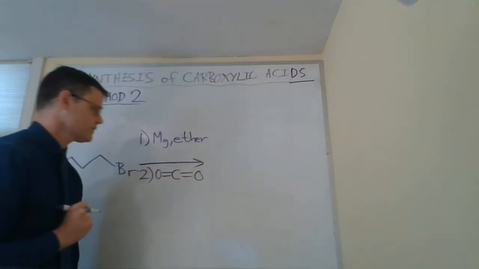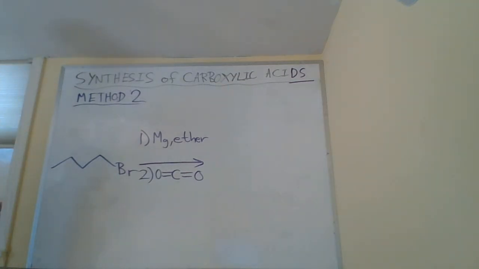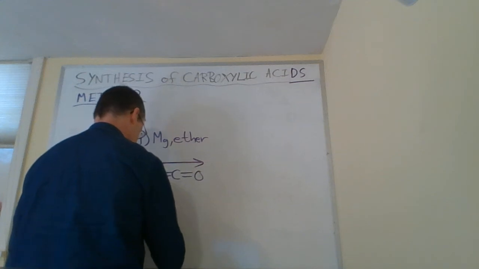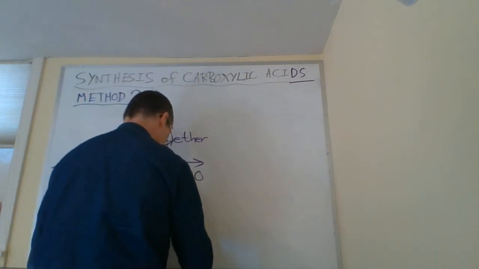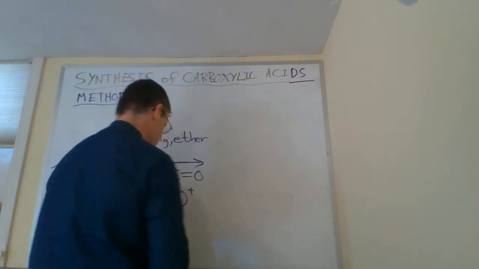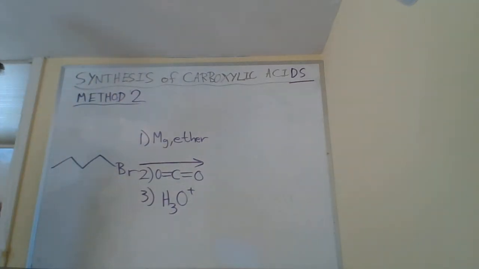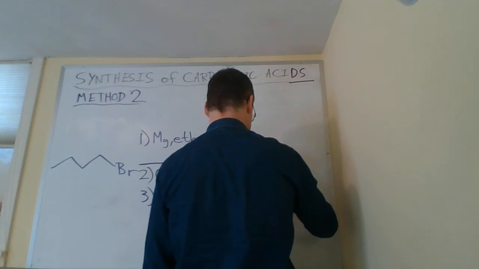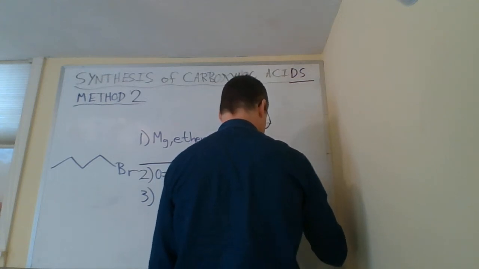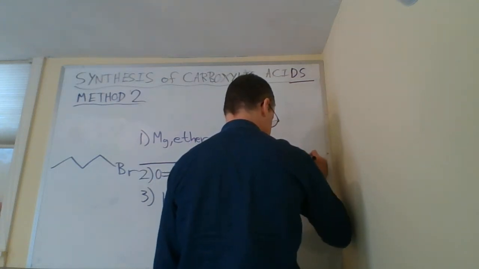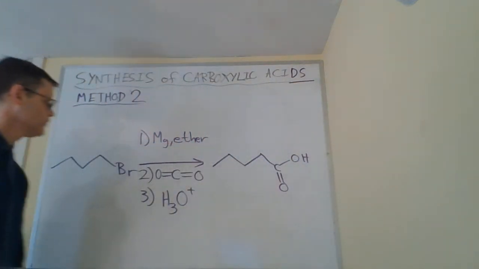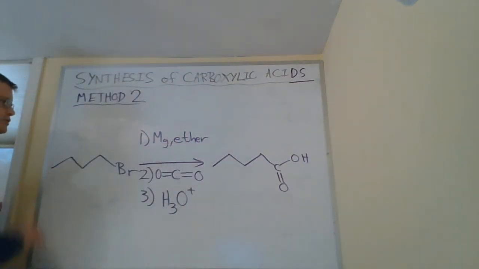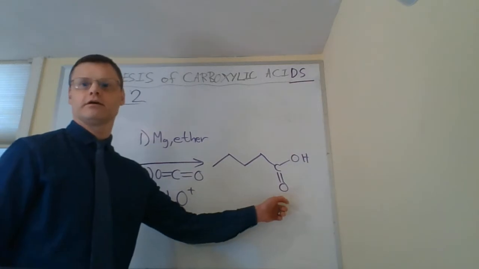And that's going to add a carbon to our chain. And then thirdly, we're going to do a workup. Ultimately, we're going to add a carbon here and go from 1-bromobutane to pentanoic acid.